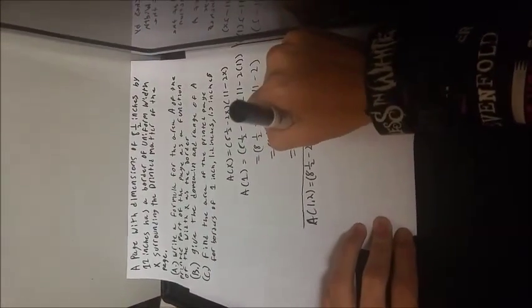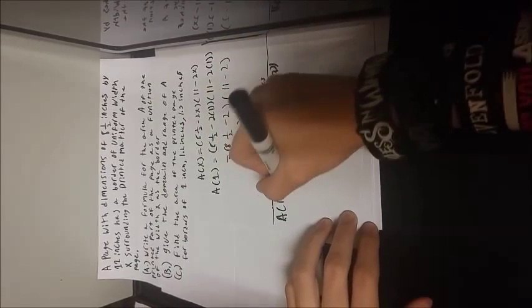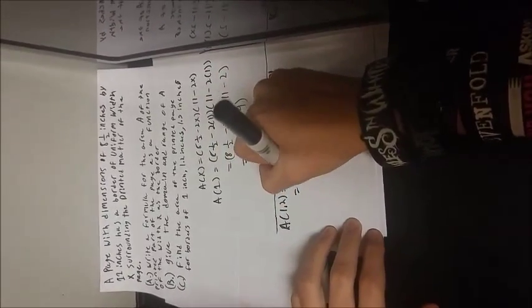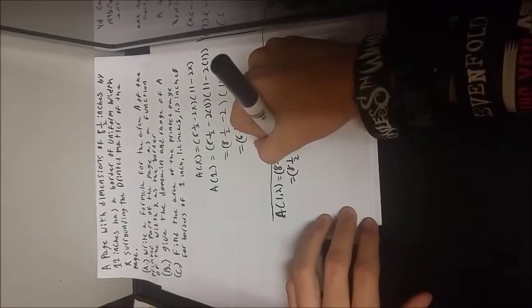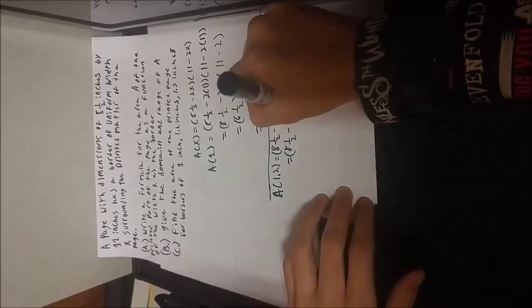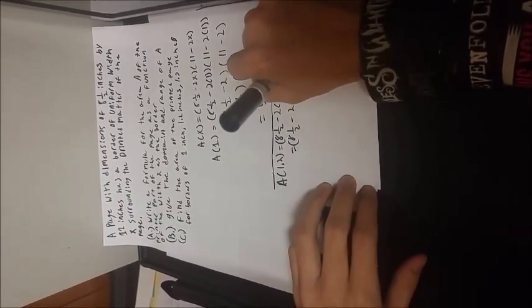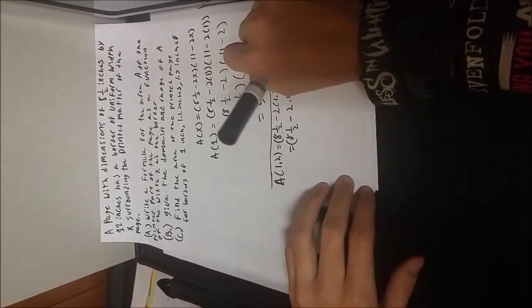Then, multiplying these, we would get 8.5 minus 2.4, then 11 minus 2.4.